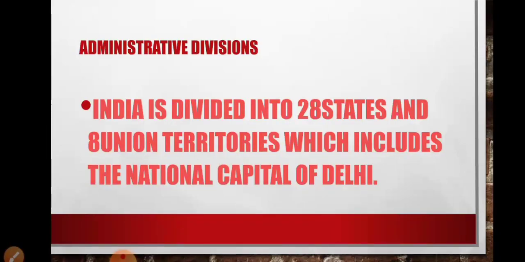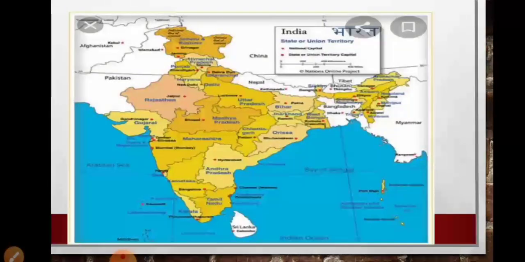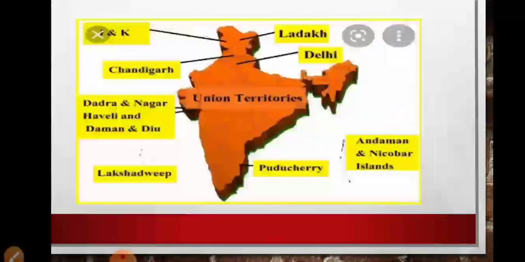Right now you can see, children, that India is divided into 28 states and 8 union territories, which includes the national capital of Delhi. Here in this picture there is a clear picture of the 28 states of India. Along with this, in the next picture you are going to see the 8 union territories.